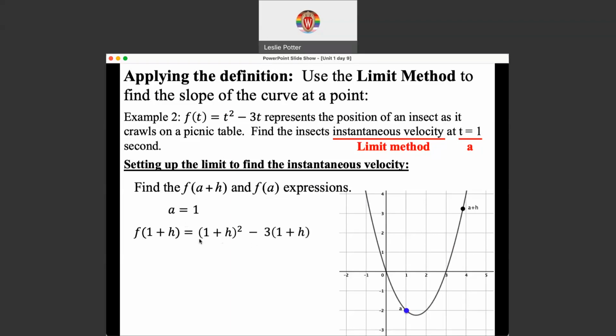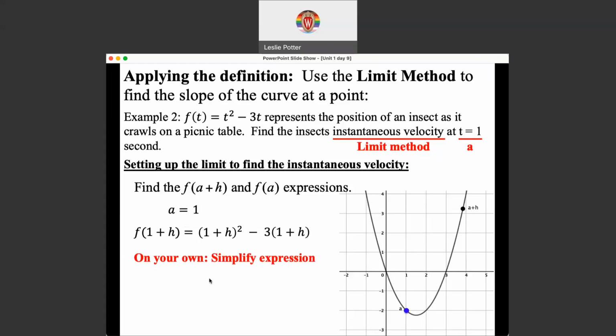Right, that's the function. So I've got to FOIL this out. Remember, we got to FOIL these things, right? These are binomials. That's (1 plus h) times (1 plus h). Okay, it's not just 1 squared plus h squared, right? We need cross product terms there. So take a second and do this simplification on your own and check your answer with my answer.